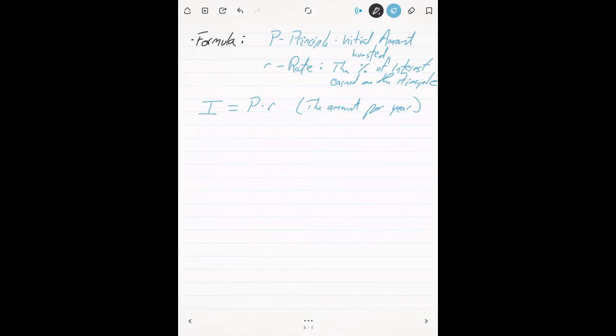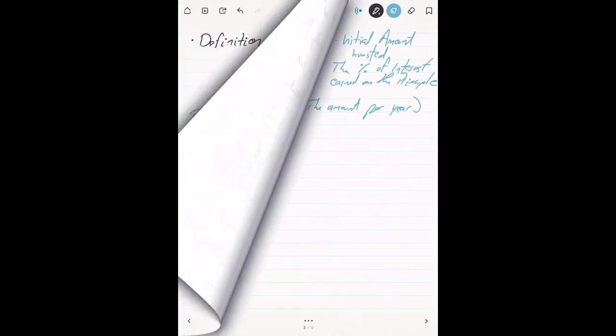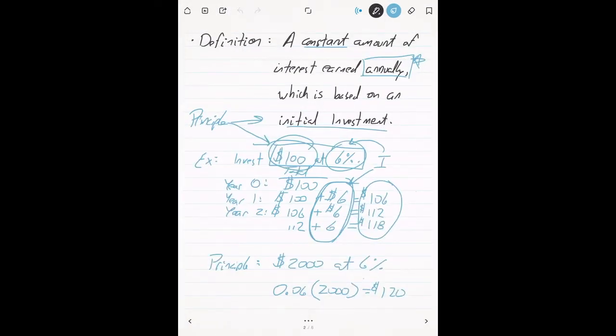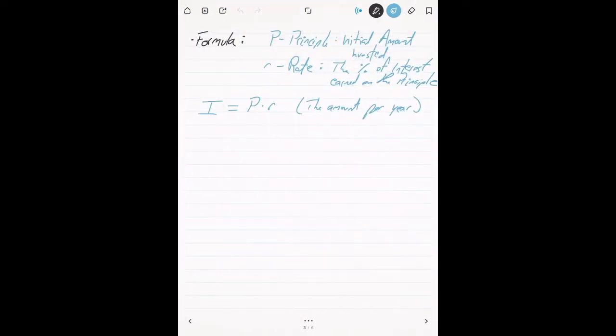But let's say we leave our money in there over time, okay? Let's take a look at this previous example where we put in $100 at 6%. So here we put in principal being $100, and the rate is 6%.